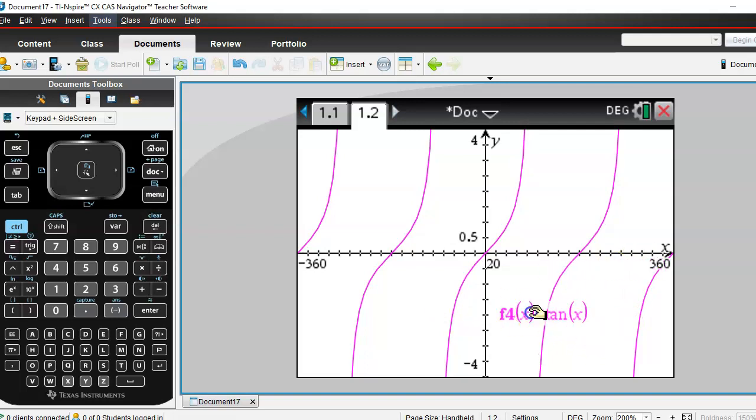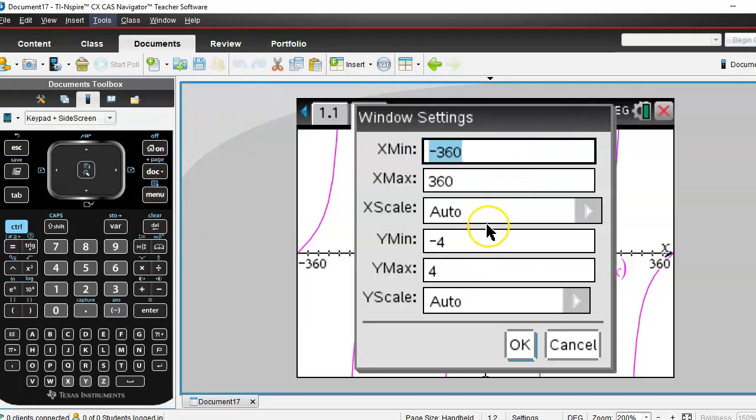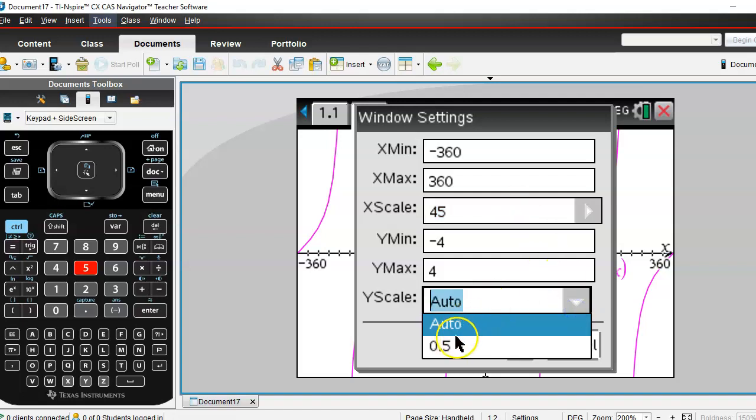Okay, now I'll fiddle around with that again. Window settings, have that X scale 45. I think that makes it nice and clear.